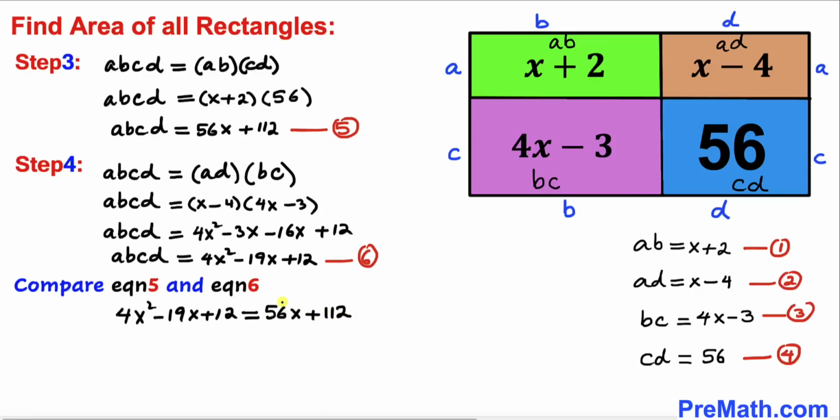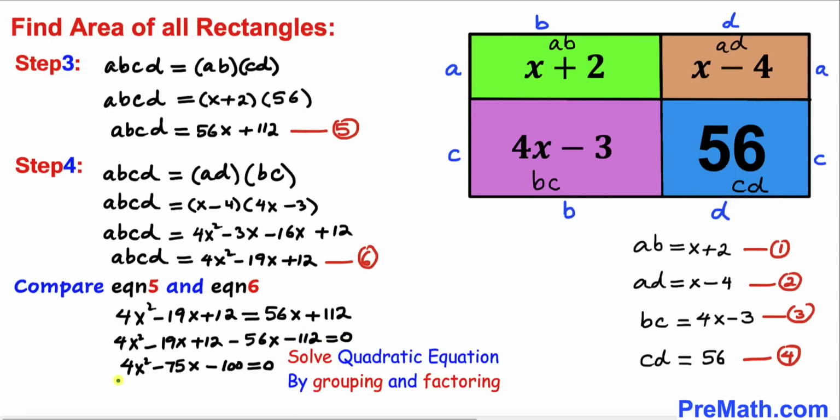And now let's move all these terms to the left hand side. So we are going to get 4x squared minus 19x plus 12 minus 56x minus 112 equal to 0.